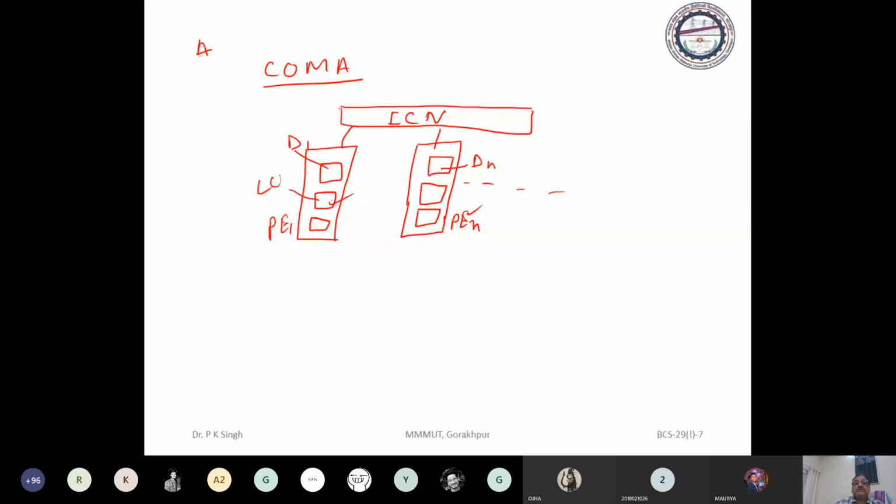So it is only due to the latency of the inter-process communication network. This latency may increase further if that very information has not yet been generated by processing element n. In that case, it has to wait further. So this is called communication latency.